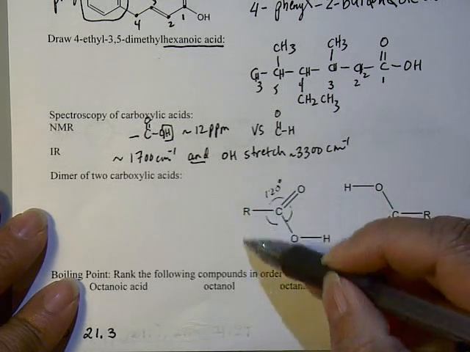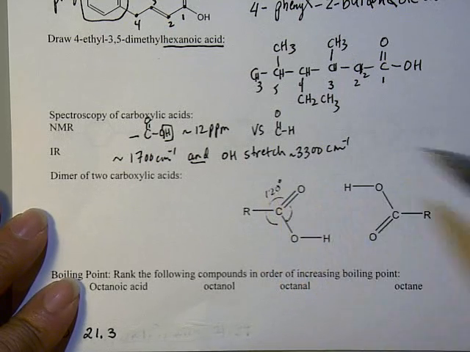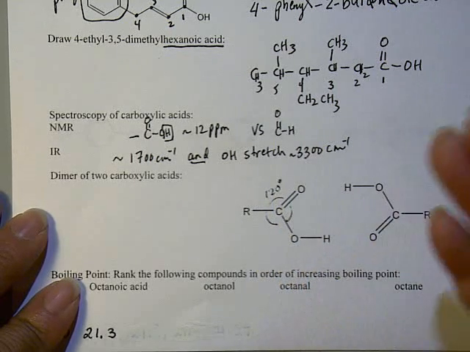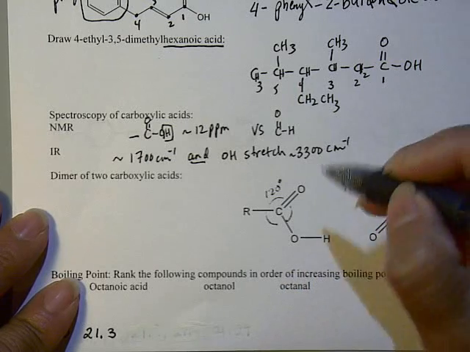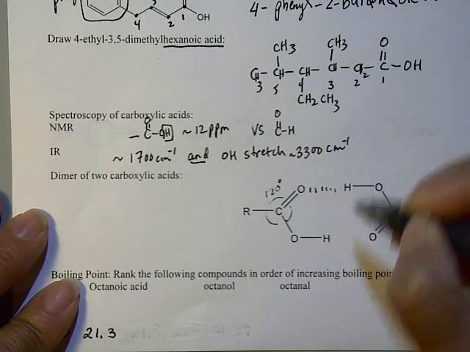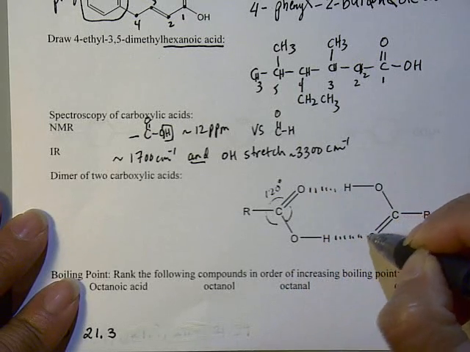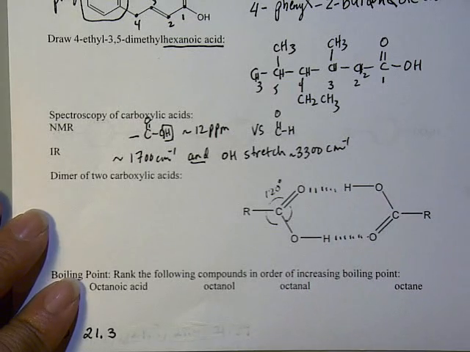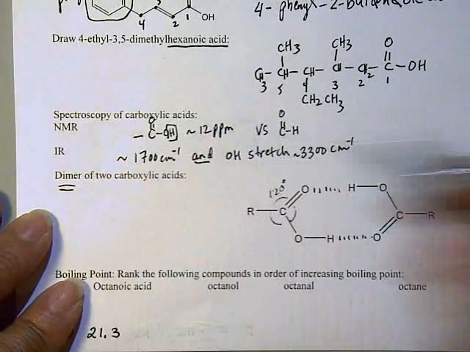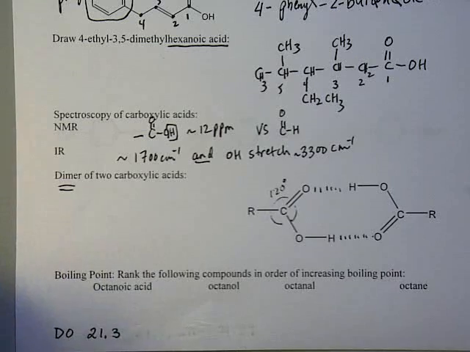So one carboxylic acid is faced this way, and the other one, if you do a flip, will have an OH this way, because then it allows them to have double hydrogen bonding and exist as a dimer, which just means two molecules existing together.